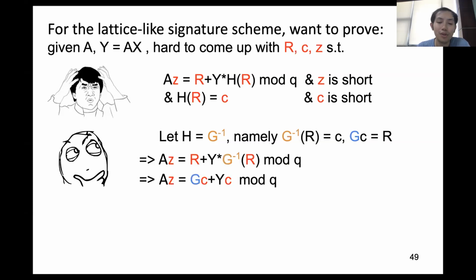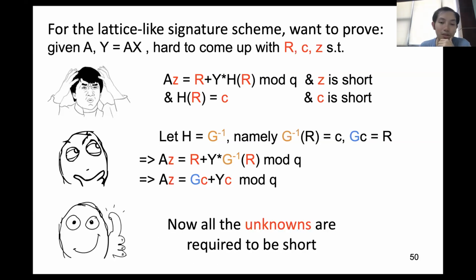Therefore, we can rewrite the equations with the unknowns in the following way. We can write R as G times C, and G inverse of R becomes C, and therefore you can rearrange all the unknowns to the right-hand side of the matrix-vector multiplication.